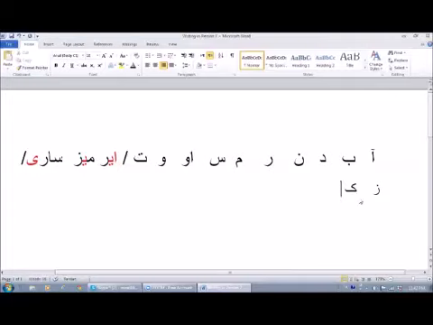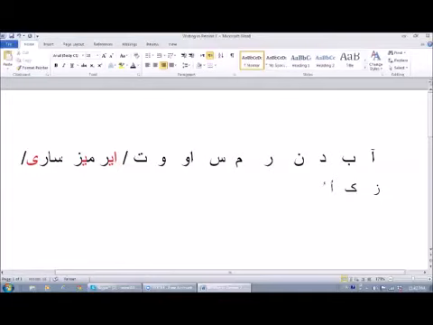We also learned that this is o at the beginning, and something like this, o, is used in the middle.